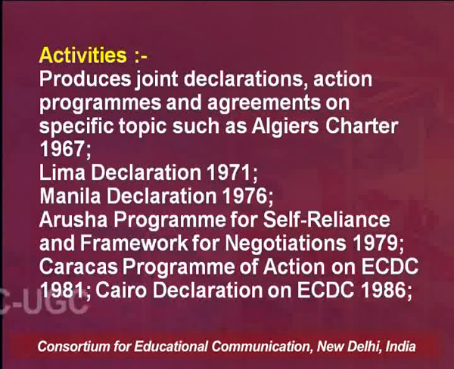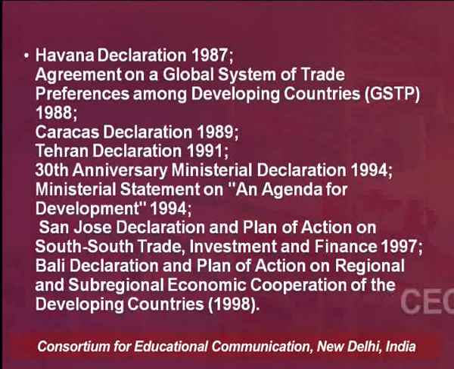Once again, reading from the web source G77.org, it has produced joint declarations, action programs, and agreements on specific topics such as the Charter of Algiers in 1967, the Lima Declaration 1971, Manila Declaration 1976, Arusha Program for Self-Reliance and Framework for Negotiation 1979, Caracas Program of Action on ECDC 1981, Cairo Declaration on ECDC 1986, the Havana Declaration 1987, the Caracas Declaration 1989, and the Tehran Declaration 1991.